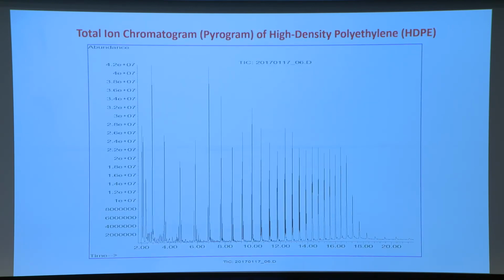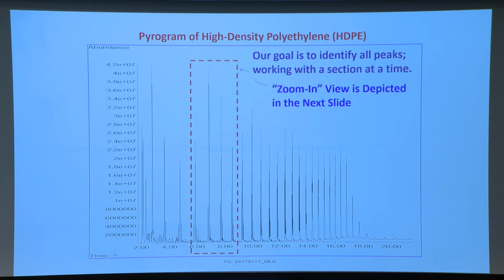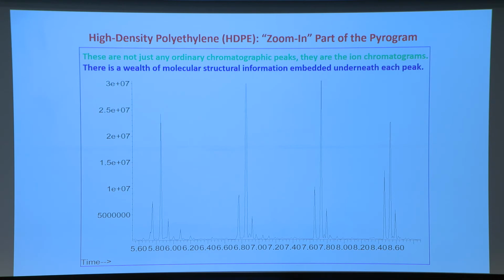This is an example of polyethylene. As time goes along, we elute the heavier hydrocarbons. And our goal is to identify these peaks one section at a time. So we're going to zoom in at one section. And this is that zoomed in section. These are not just ordinary chromatographic peaks. These are mass spectra. These are ion chromatograms. And there's a wealth of information embedded inside of each peak.